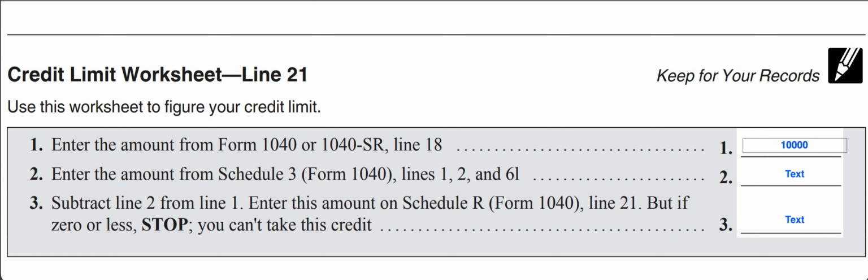Line 2 is the credit for child and dependent care expenses, which you would calculate using IRS Form 2441. And finally, line 6L is the total tax increase or decrease as calculated on line 14 of IRS Form 8978, which is a partner's additional reporting year tax.